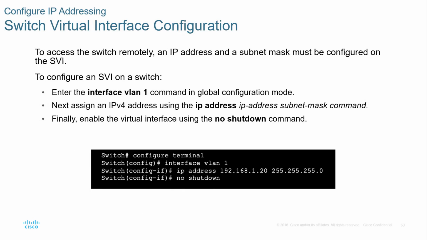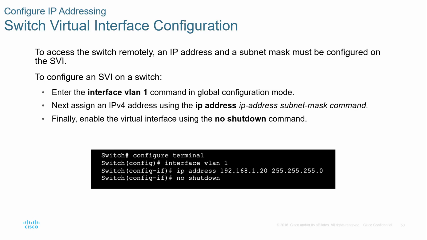We're going to talk about giving a switch an IP address this early in the course, so we can configure an IP address on a layer 2 switch for management capability. If we go to our switch, go to global configuration mode, and go to interface VLAN 1, that's a virtual interface, and we can assign an IP address to that switch by typing ip address, the address we want to give the switch, and the appropriate subnet mask.